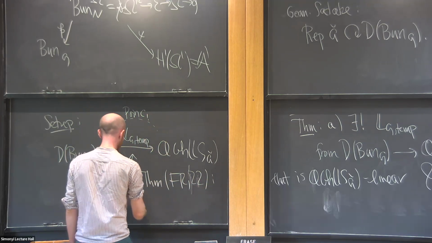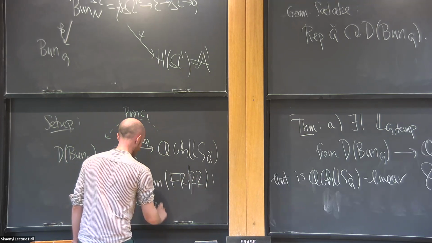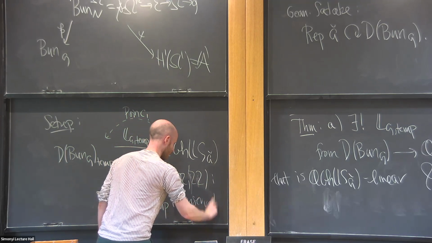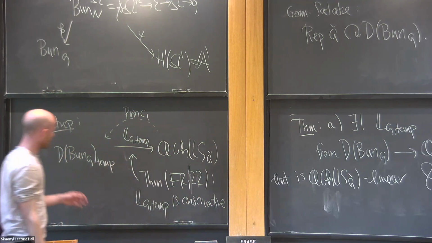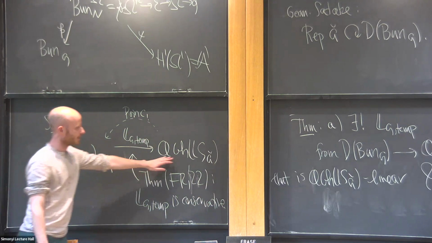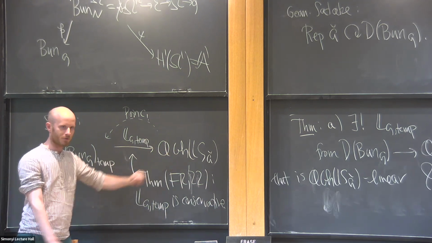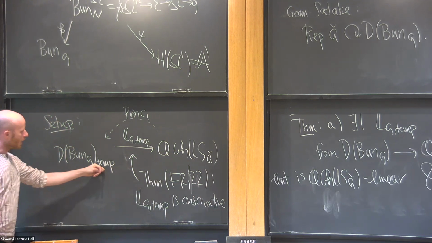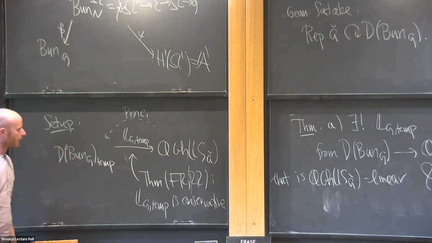And it says that this functor LG temp is conservative. So it sends no non-zero objects to zero. If all of your Fourier coefficients are zero, then you're zero, up to this difference between tempered and non-tempered things. This was known previously for GL_N.